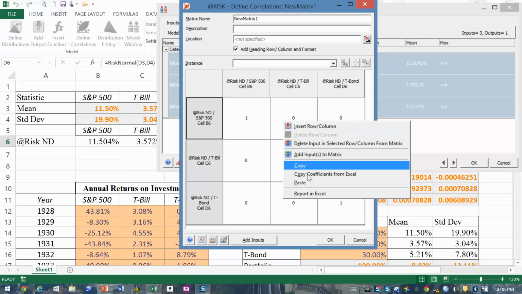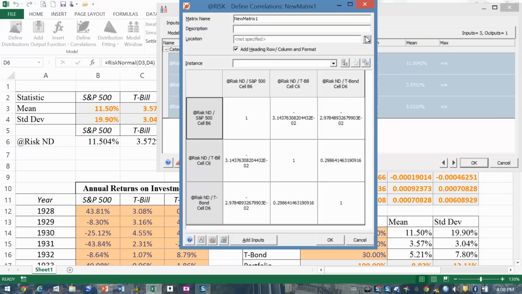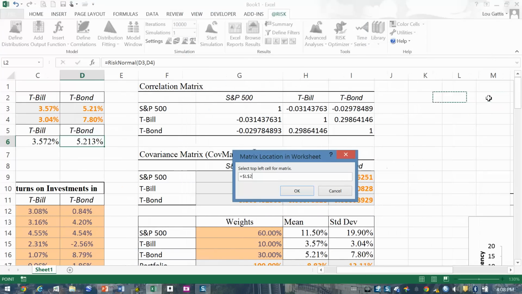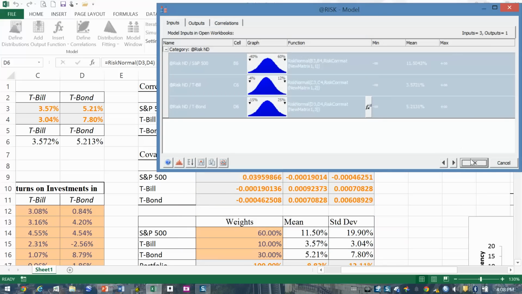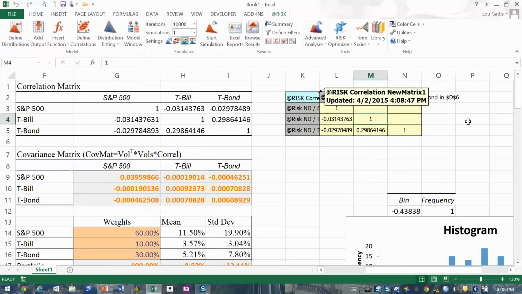Right-click, copy from Excel. I'm going to copy this correlation matrix. OK. And then I need to output it somewhere. I'll just put it right here. And hit OK. And OK. And there's my correlation matrix that @Risk is going to use.